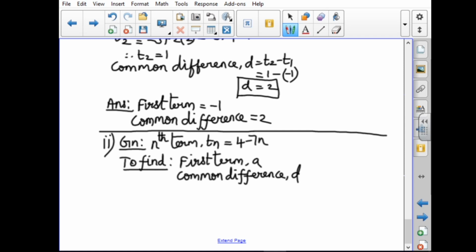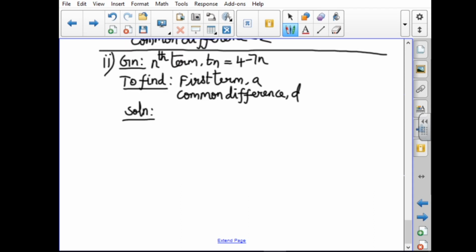So, solution. In the nth term, put n equal to 1. So, T1 equal to 4 minus 7 into 1. That is equal to 4 minus 7. The answer will be minus 3. Therefore, T1, which we denote as A, is equal to minus 3.